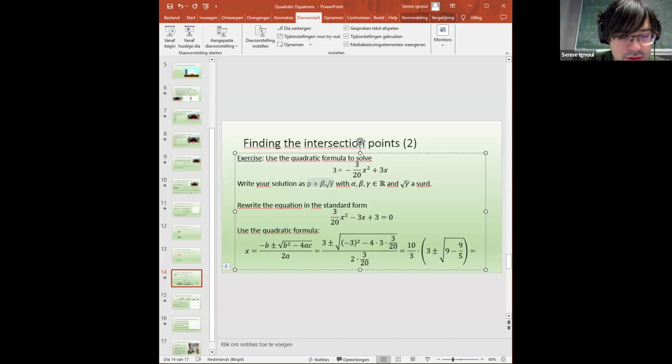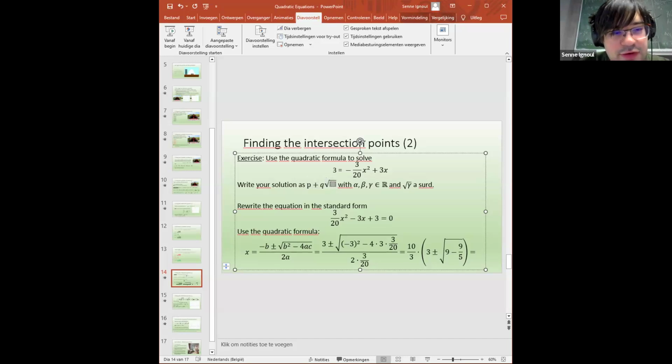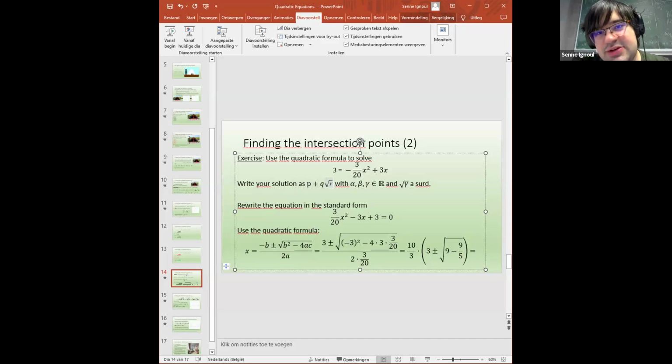I did not want to use A, B, and C because A, B, and C were already used. So P, Q, and R, and then this needs to be R. Okay, that is perfect.